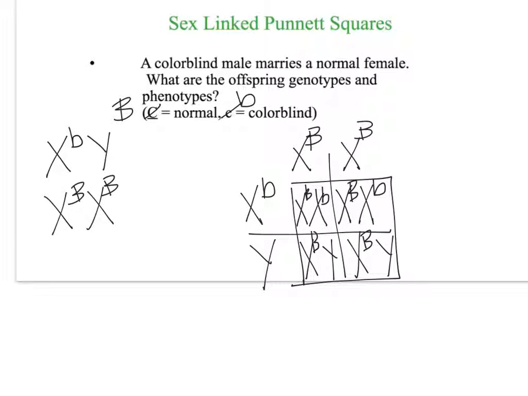Now if we look at the possible offspring, you have one carrier female, two carrier females, because neither of them will be colorblind, but they're both going to have the allele for colorblindness. And then you have two males, both with normal color vision. So the genotypes will be female carriers, X big B, X little b, X big B, X little b, or normal males.